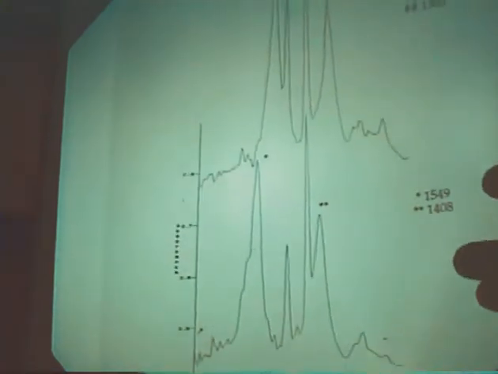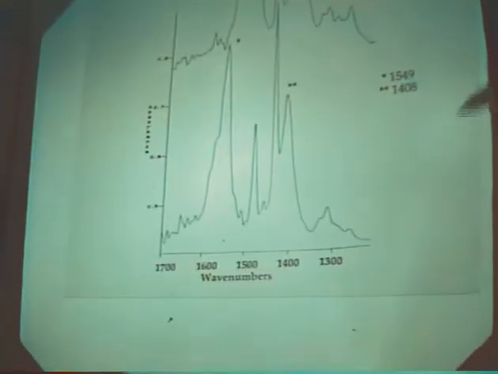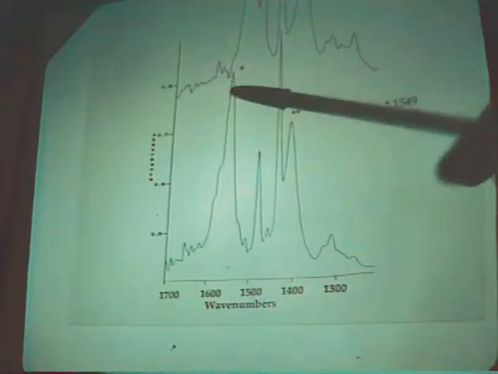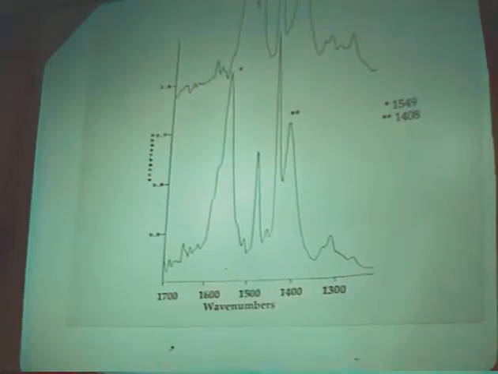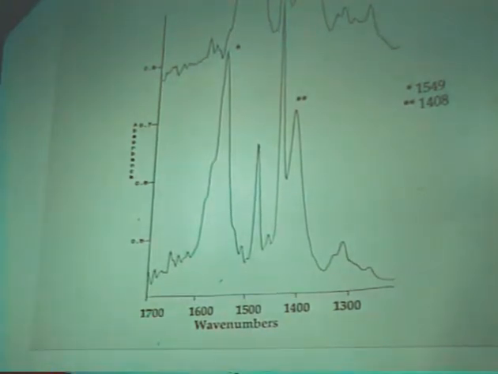And here, what you see on the bottom, these two starred peaks are the asymmetric and symmetric stretches for the carboxylate bound to copper in a chelating fashion. The difference in frequency between asymmetric and symmetric, that is delta, is about 141.